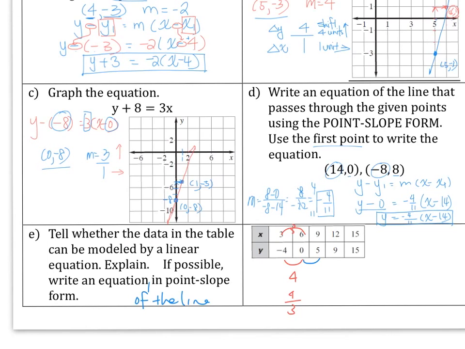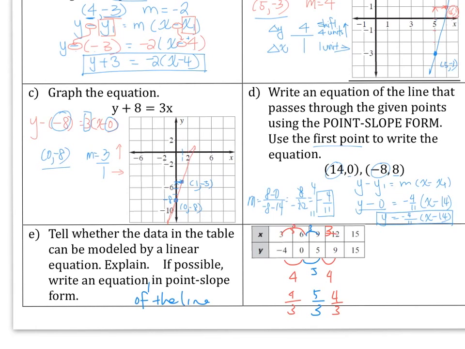Now we can look at the next pair. 5 minus 0 is 5. 9 minus 6 is 3. So that's 5/3. Now let's look at one more pair. 9 minus 5 is 4. 12 minus 9 is 3. 4/3.